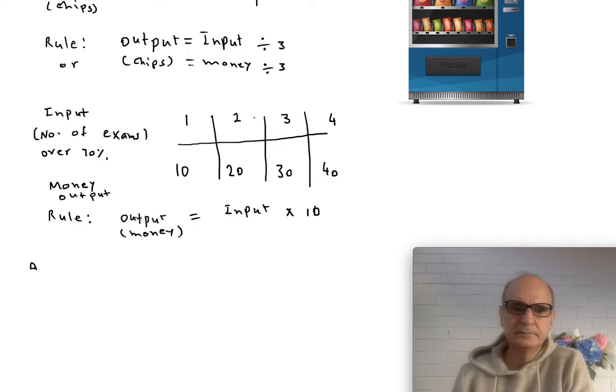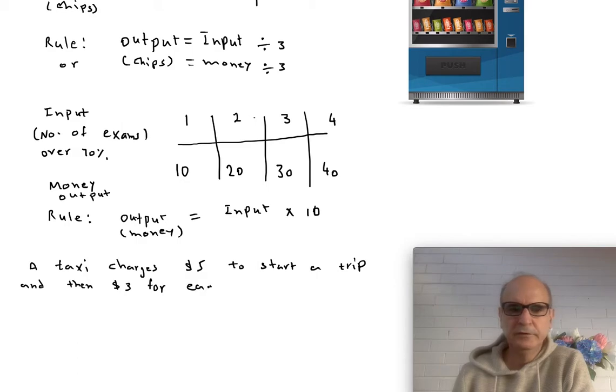A taxi charges $5 to start a trip, and then $3 for each kilometer traveled.